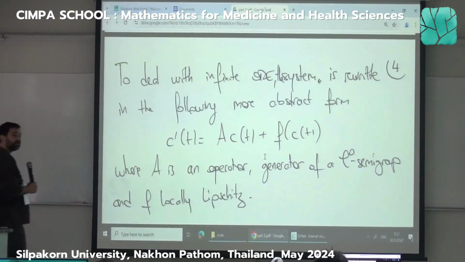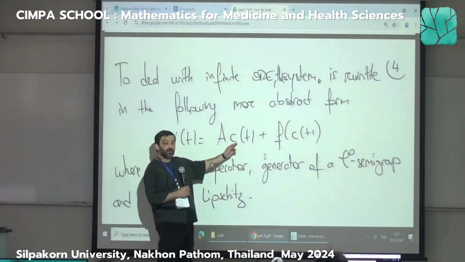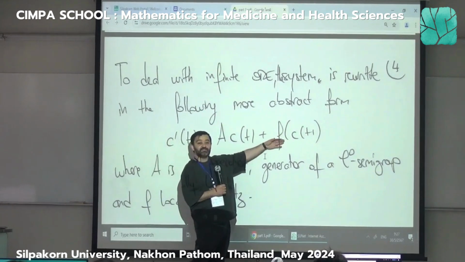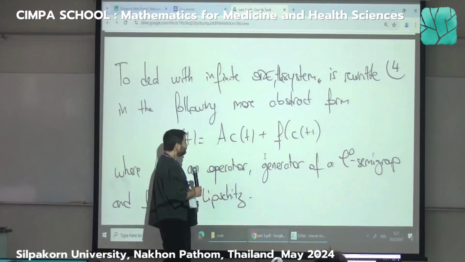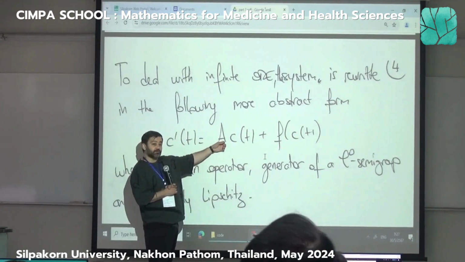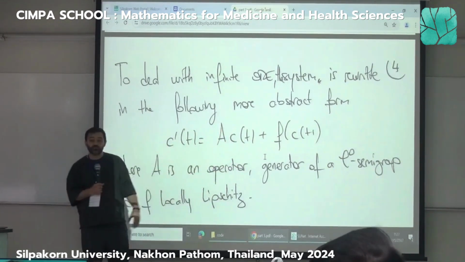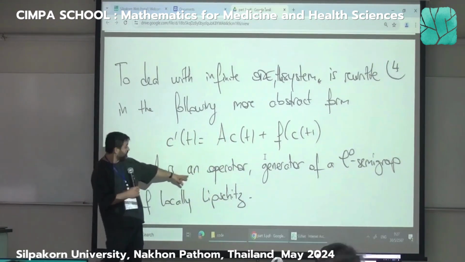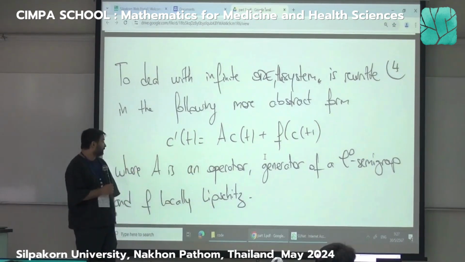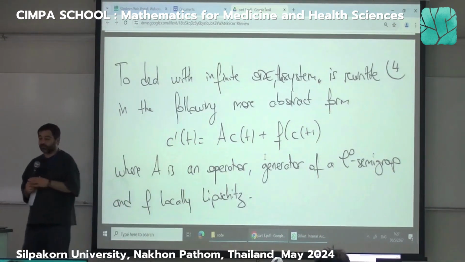Like for the ODE, what we like is to do something linear plus something locally Lipschitz. But here the difference is A is not a matrix, it's an operator. But if this operator has good properties, here the property of generator is very good, and if F is locally Lipschitz, you can do everything more.